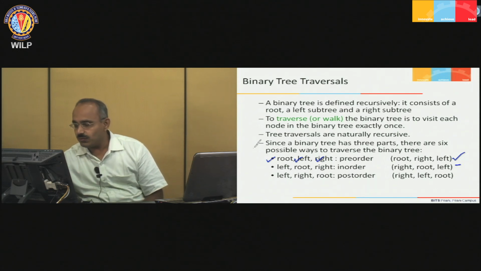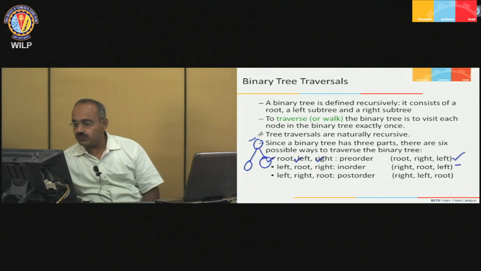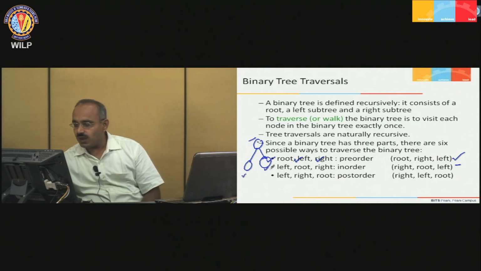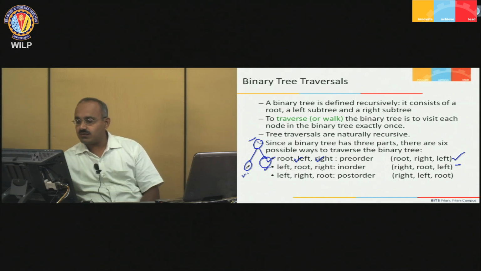Suppose I am going to represent this as a tree. Let us try to look at what this means. I can first visit this, then these 2, or I can do this and then these 2. That is the first line. The second is I can first visit this, then visit the root and then visit the node.